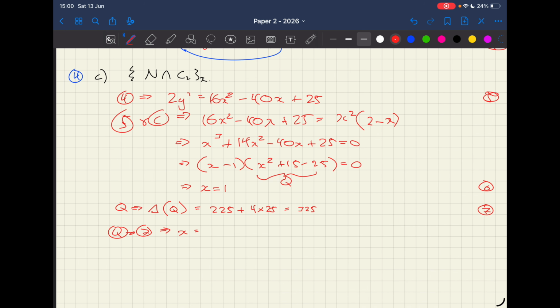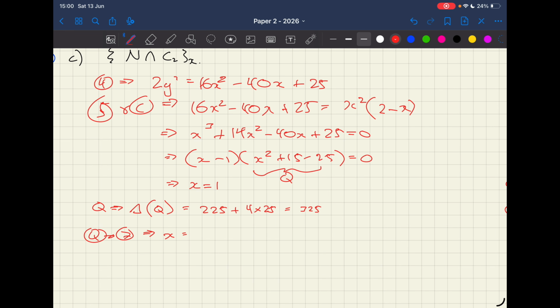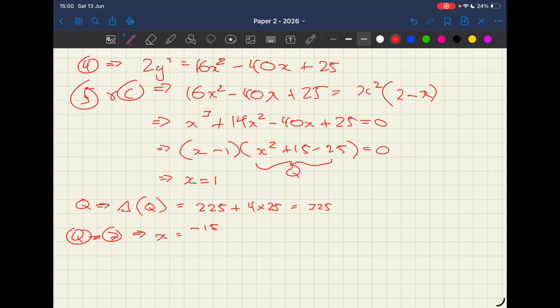We do like the quadratic formula. So minus b plus or minus, it's going to be just root 325 on 2a. Root 325, what does that become? Root 325, 5 root 13. So it's minus 15 plus or minus 5 root 13 on 2.